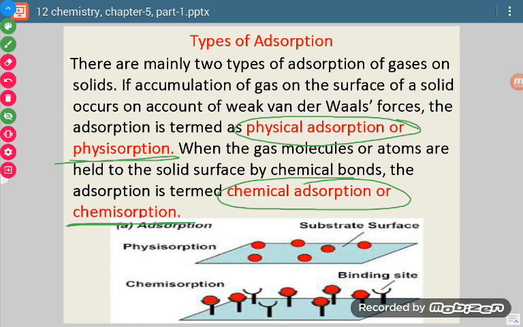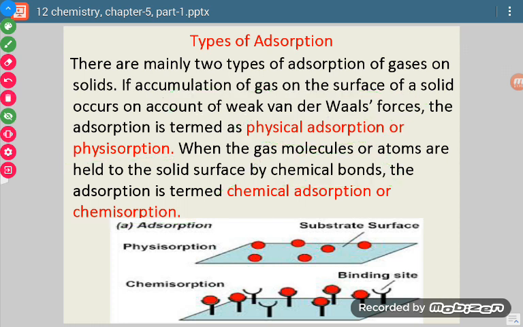In physical adsorption, the adsorbent and adsorbate are attracted by weak van der Waals forces of attraction. Okay. And in case of chemical adsorption, the molecules of adsorbate form a chemical bond with the adsorbent. So this is the main difference. Now see here, physisorption means this is the surface and these molecules are the molecules of adsorbate.